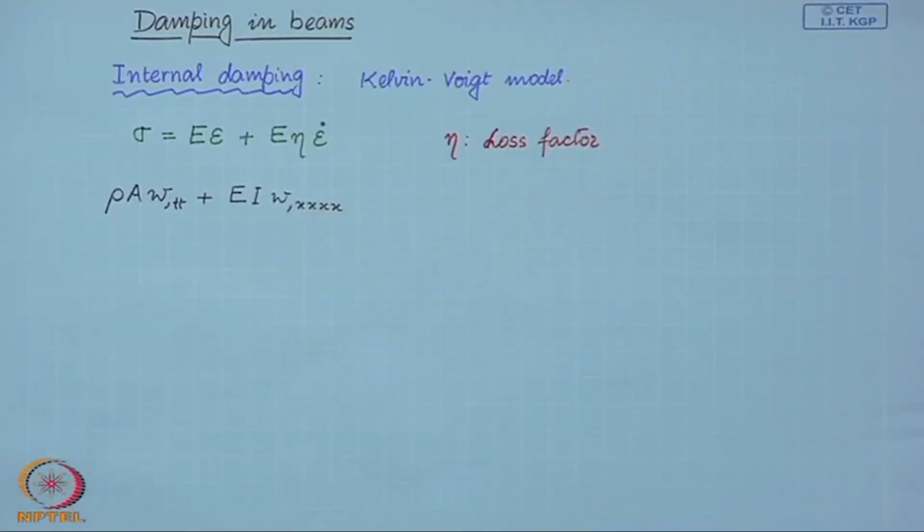So, these are the two terms that we already have in the Euler-Bernoulli beam.